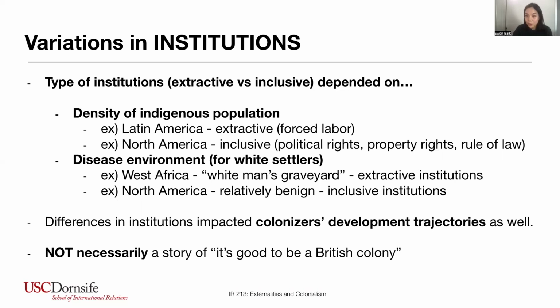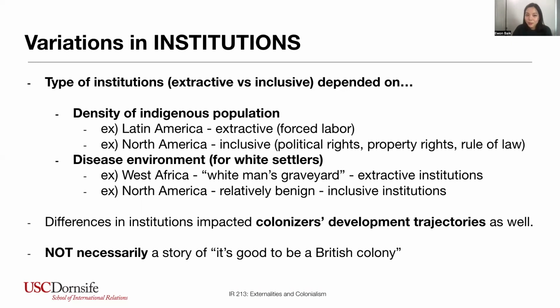Now, of course, as we all know, these so-called inclusive institutions, like political and property rights and public goods, were not inclusive of the native populations of these colonies. As we've said, in the US, Canada, and Australia, genocide was conducted against the native populations, and it was primarily the white settler population that was able to reap the benefits of these institutions before and after colonialism.